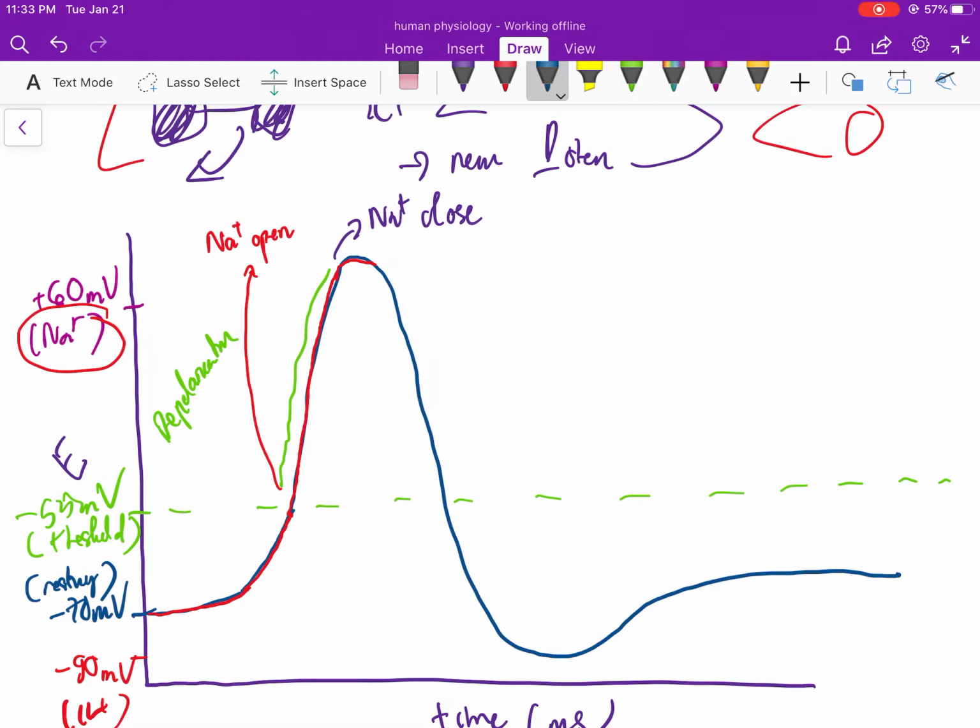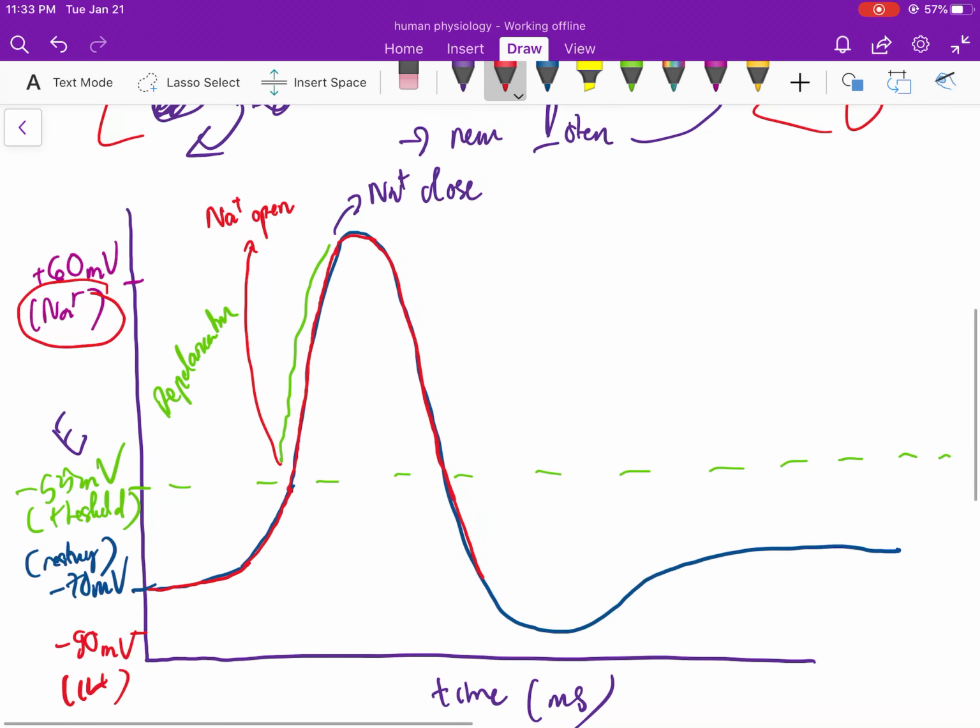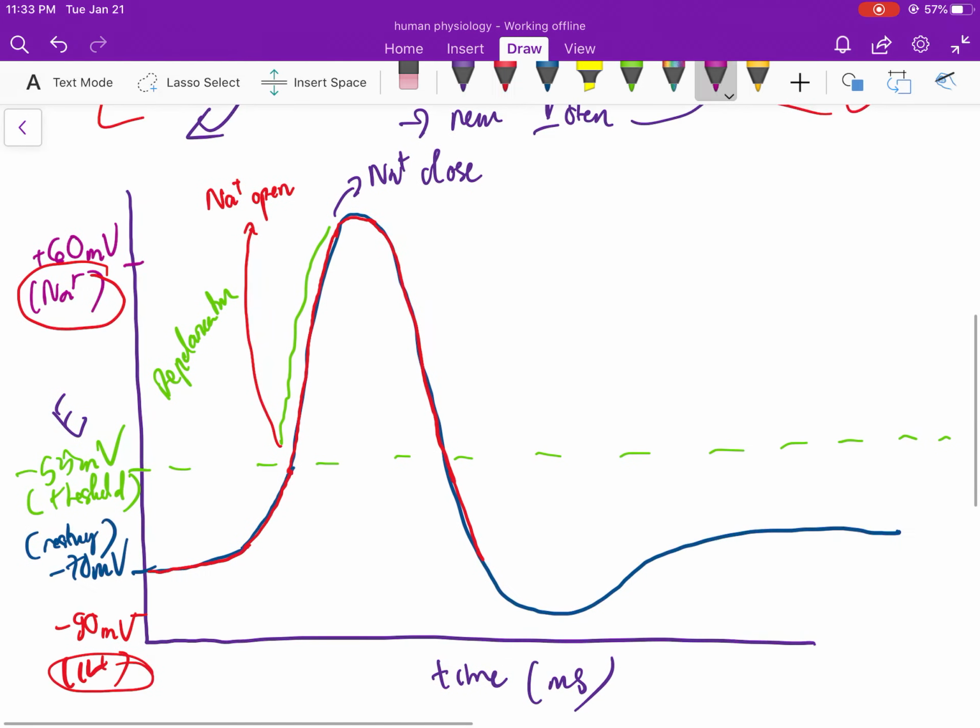And after a while, our membrane voltage will start going down, and we can see that it's going toward the direction of negative 90, which is a negative number, which is our K plus. So at this point, when it's going down like this, we will have the potassium voltage gated channel open.